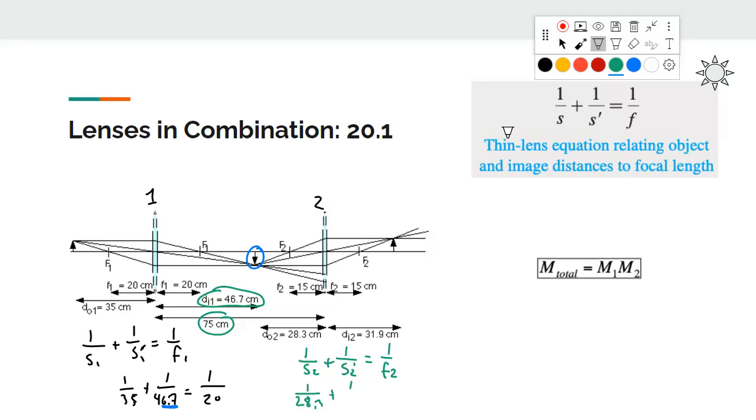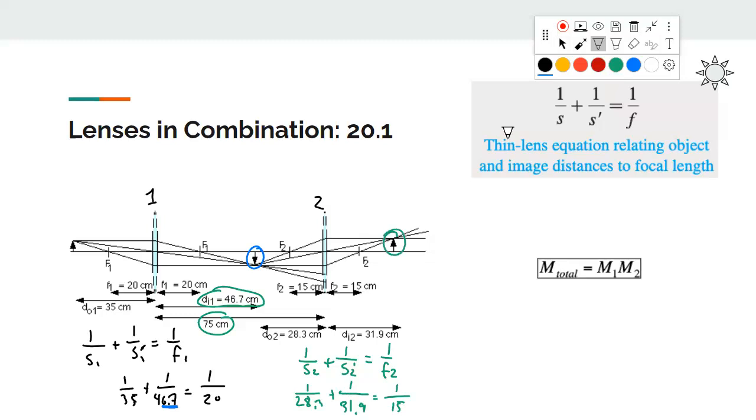And then again, generally we would be solving for S2 prime using the fact that the focal length here is 15 centimeters. And in fact, they do solve this for us and find that that image occurs to the right, so positive, 31.9 centimeters. And so that's this final image here.